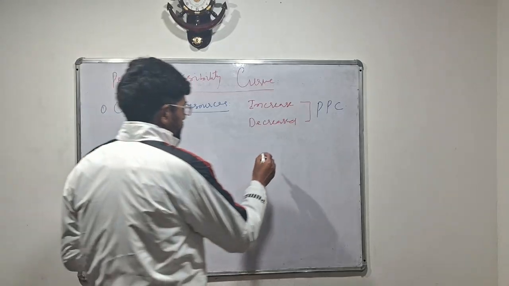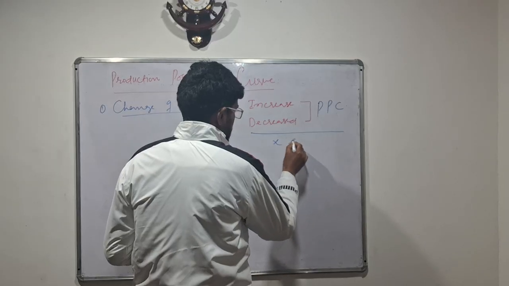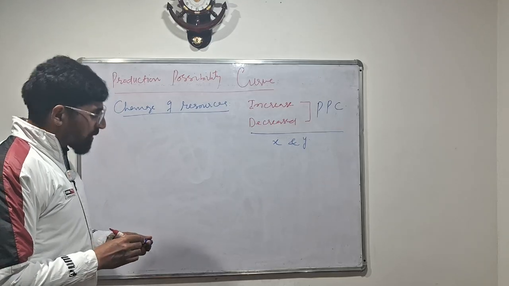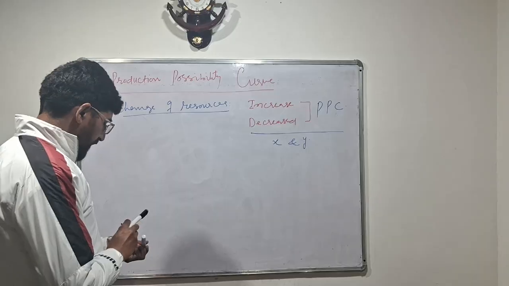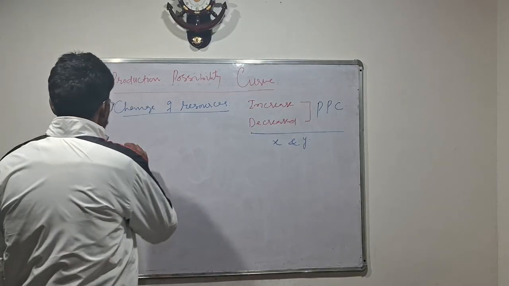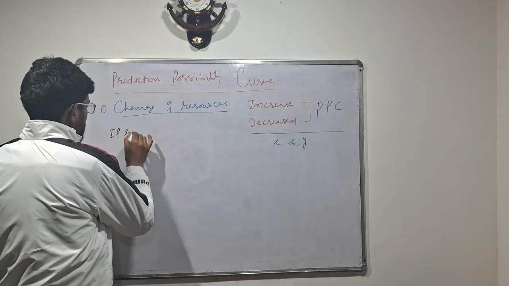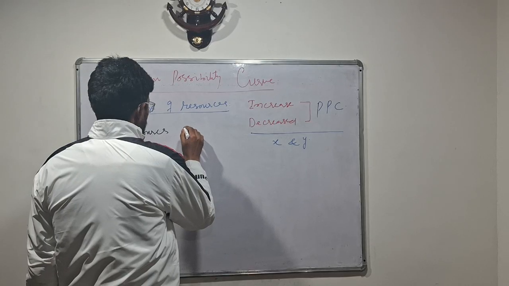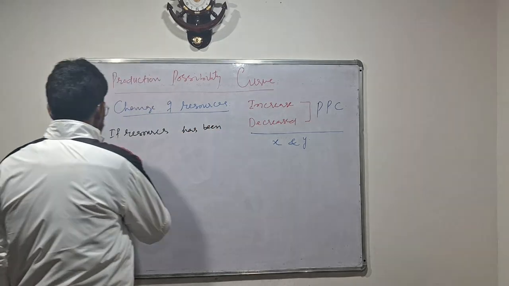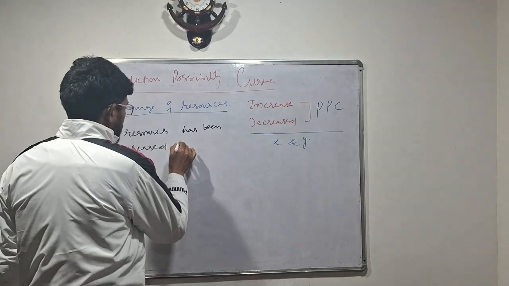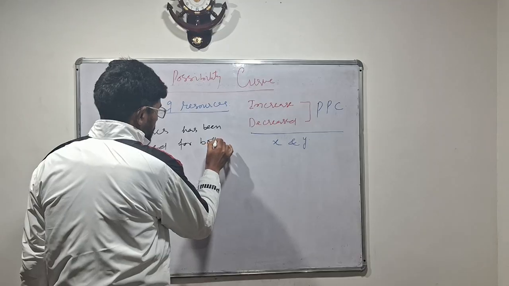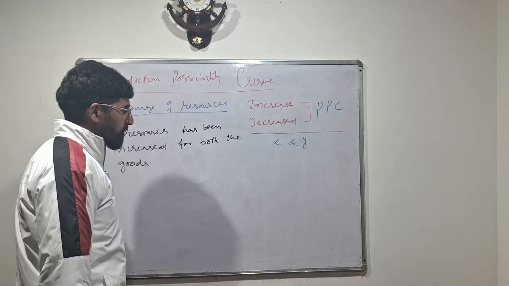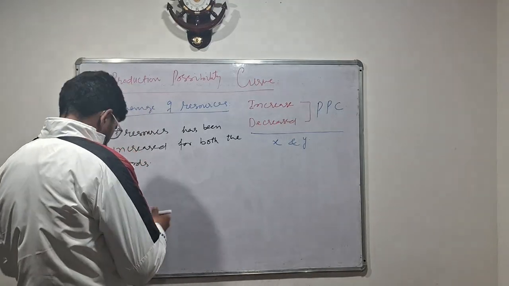As we have two goods, I will write here X and Y. If resources have been increased for both the goods, what will happen to the production possibility curve?